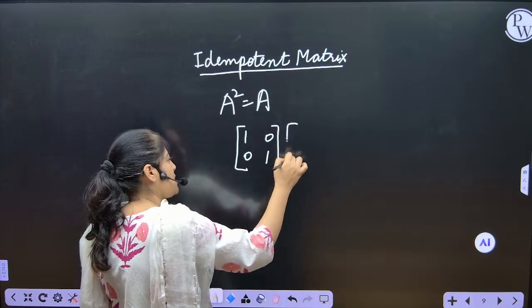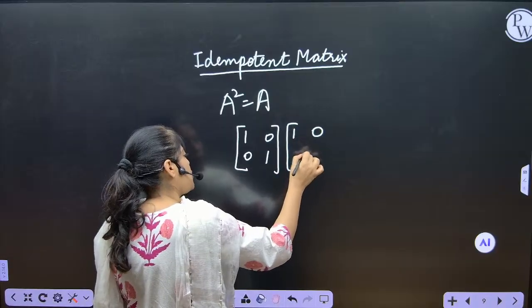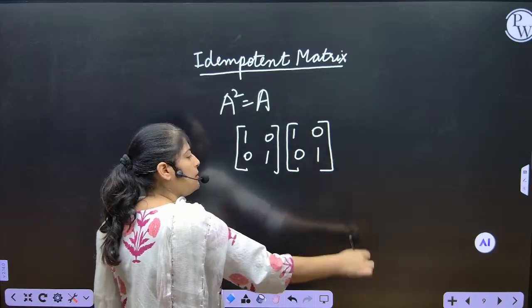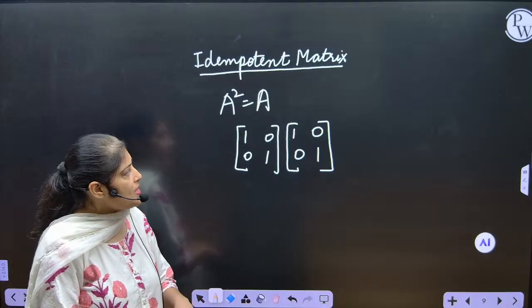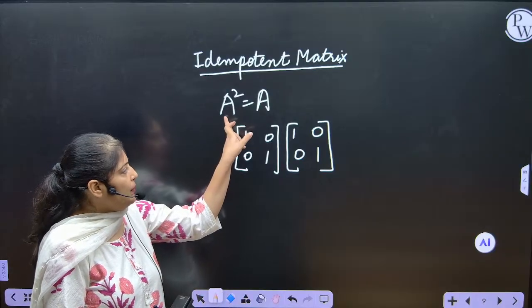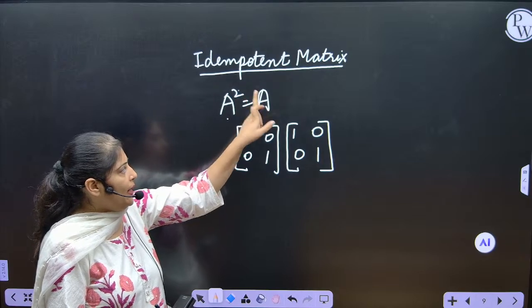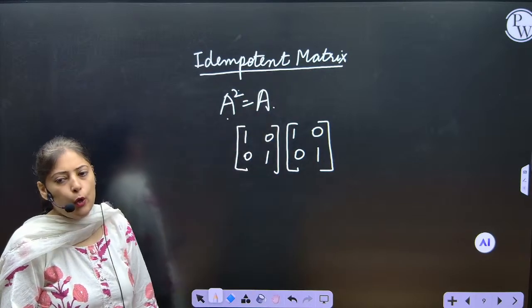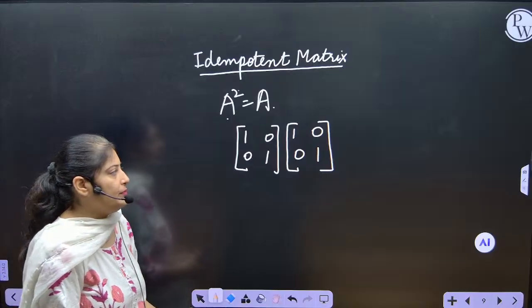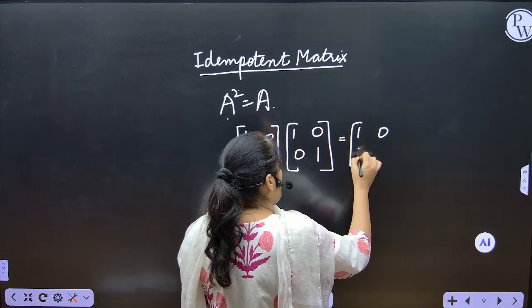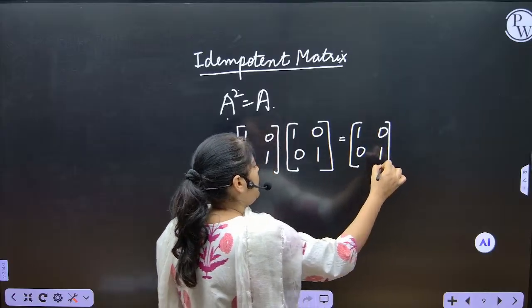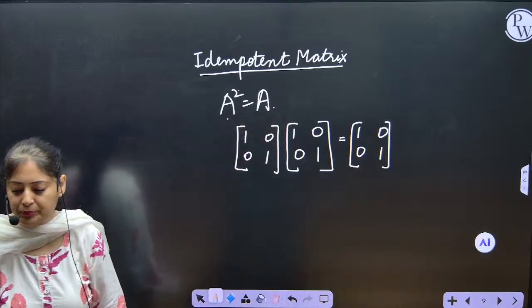When you square it, identity square is nothing but identity only. So that's what I said: any matrix whose square is coming out to be the original matrix only. So this is the best, easiest example.